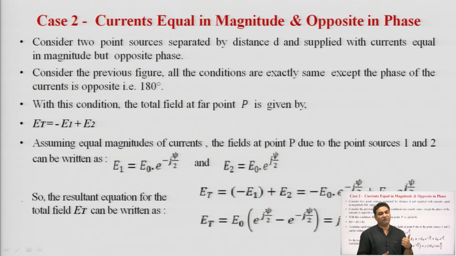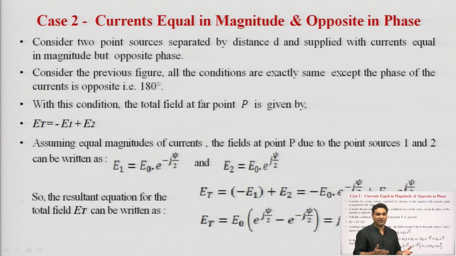In the same way, we consider the 2 point sources spaced at a distance of d, and the resultant phase difference between these 2 point sources at the distant point P, where the electric field strength has to be calculated, is the combined effect of the field strength originating from point source number 1 and point source number 2.